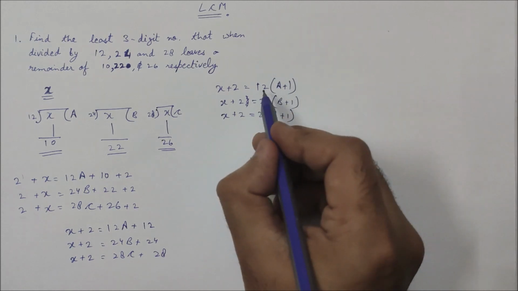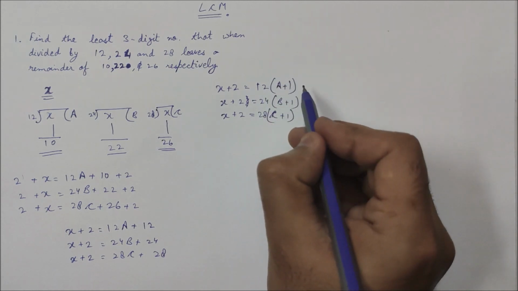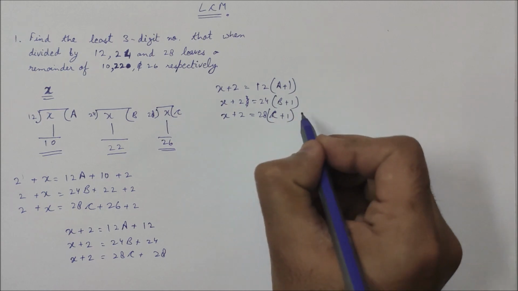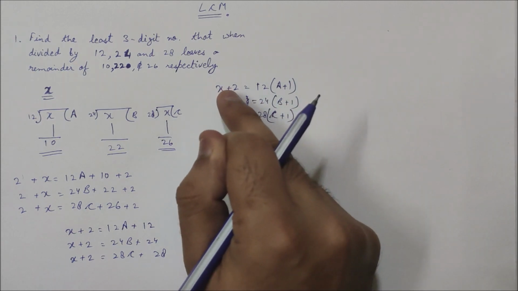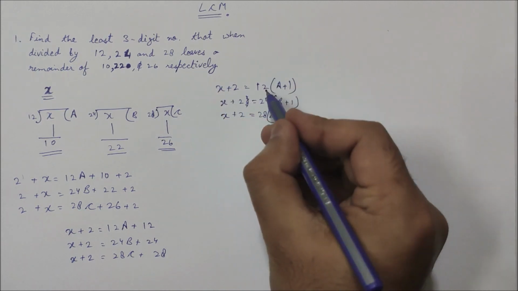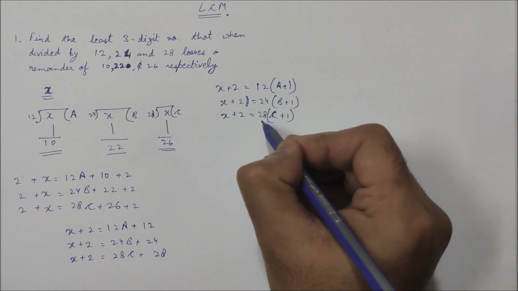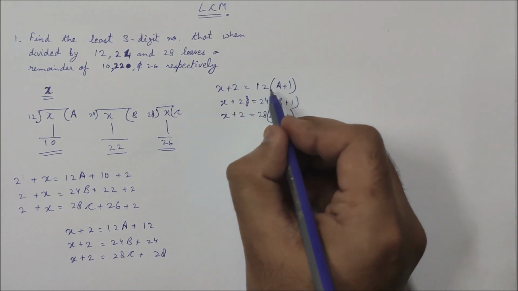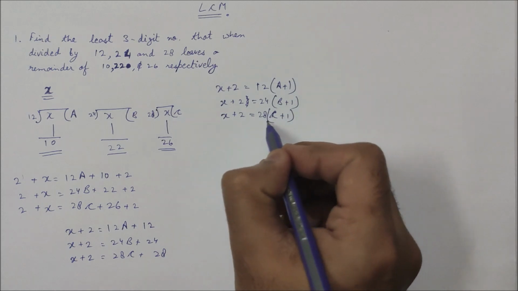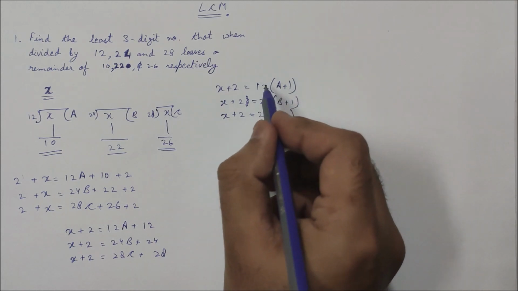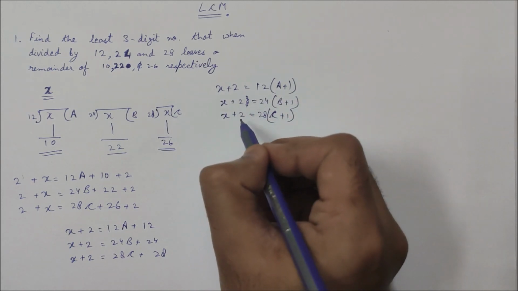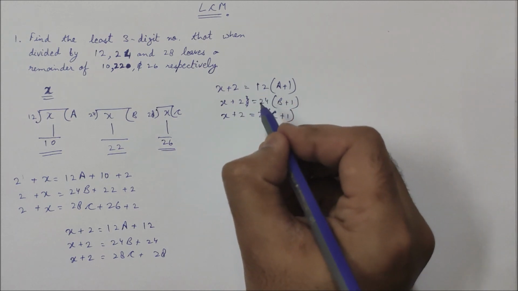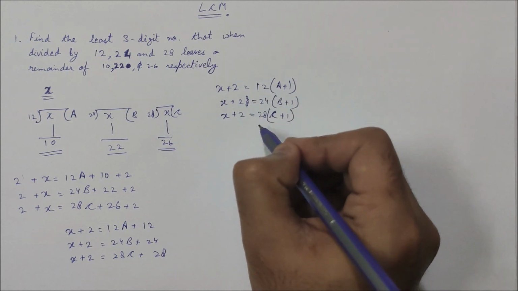On the right-hand side, it's a multiplication of 12 into something, 24 into something and 28 into something. So x plus 2 necessarily has to be a common multiple of 12, 24 and 28, because each of these products is equal to x plus 2. So x plus 2 is necessarily the LCM of 12, 24 and 28.